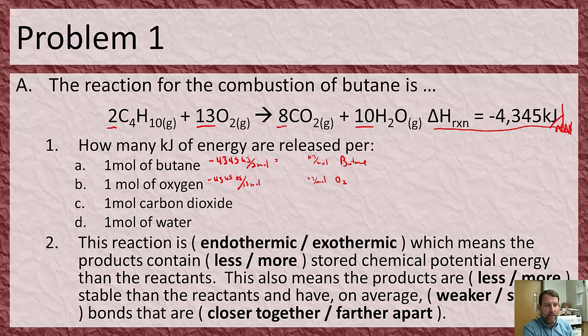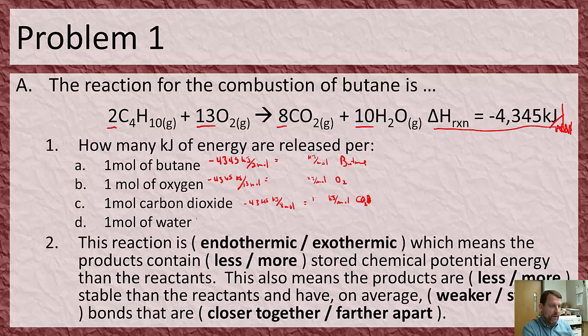So if I want to know how much energy would be given off for 1 mole of CO2 produced, then we would be looking at negative 4,345 kilojoules divided by 8 moles of CO2, and this would equal some kilojoules per mole of CO2. So for every mole of CO2 produced, you'd make this many kilojoules, whatever that number is.